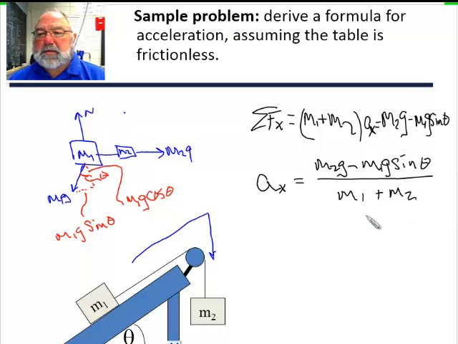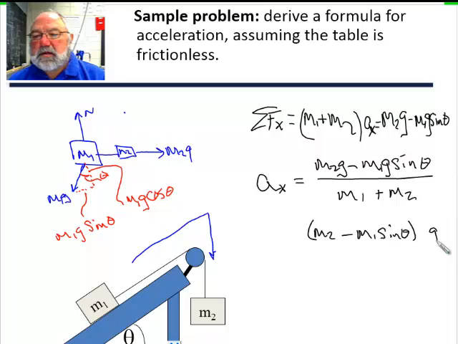I'm going to simplify it, factoring out a g: m2 minus m1 sine theta, this whole thing times g, all over m1 plus m2. And this is our acceleration.